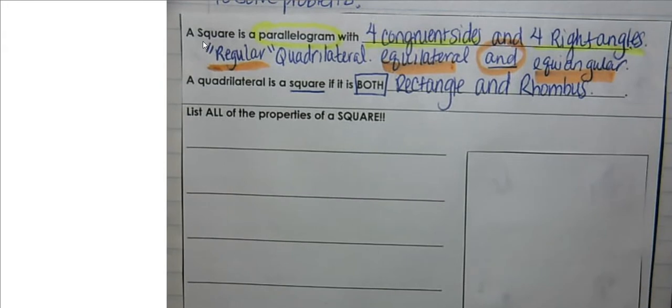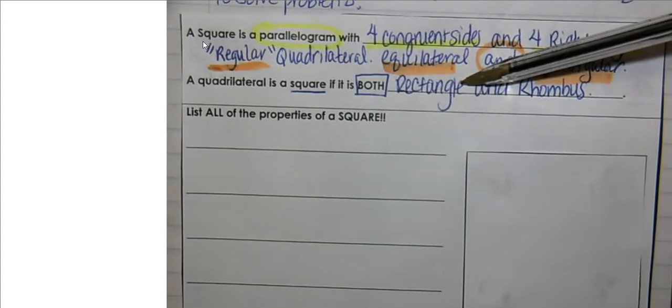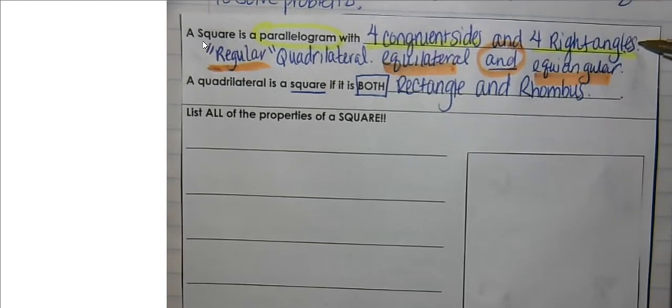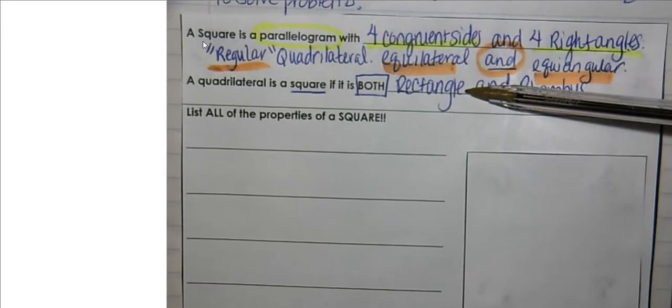So I know that we've talked about how rectangles are parallelograms, rhombuses are parallelograms, and squares are parallelograms. But I want you guys to make the connection. All squares are rectangles because all squares have 4 right angles, just like a rectangle does. But it has extra properties beyond what a rectangle has.